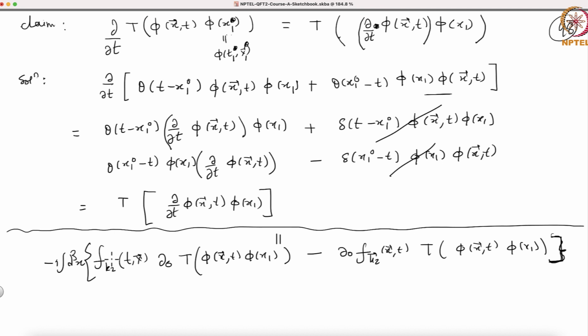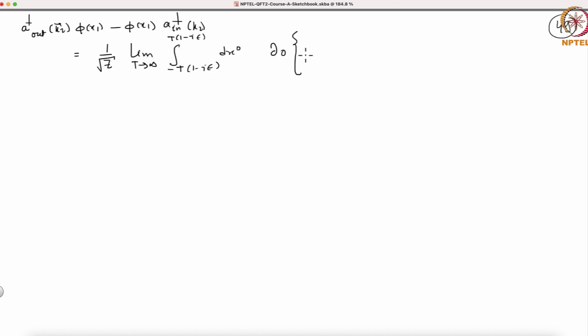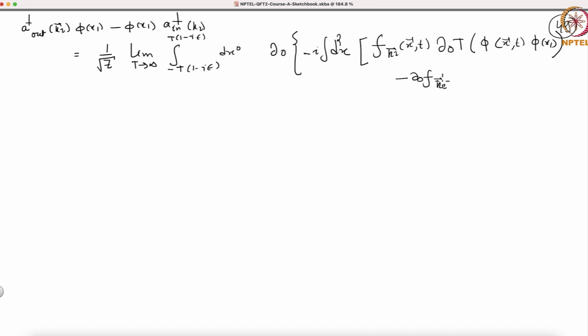So I'm going to write that one out: minus i integral d cube x f k2 x t del naught of phi x t, phi x1, minus del naught of f k2 x t, time ordered product phi x t times phi x1.